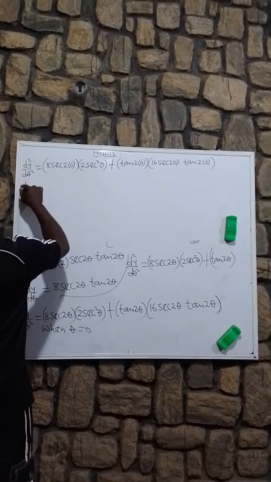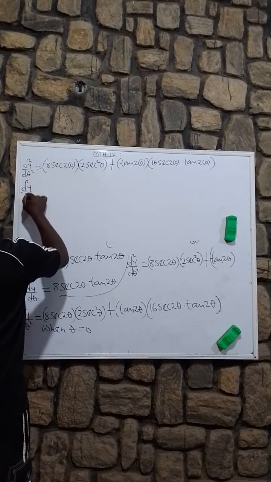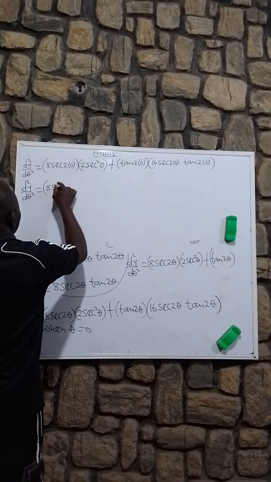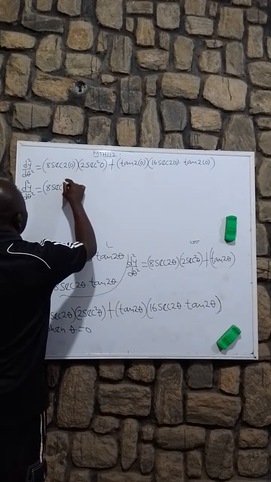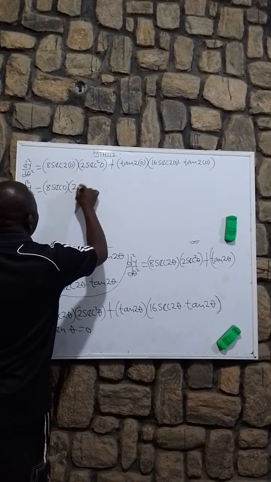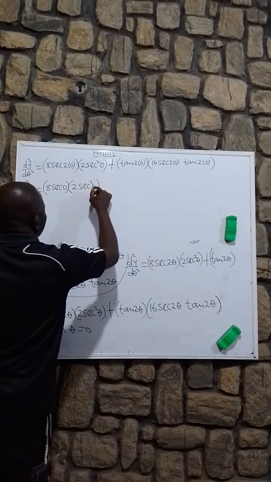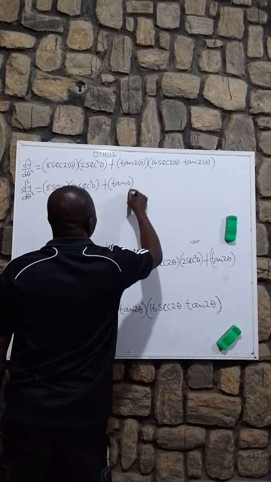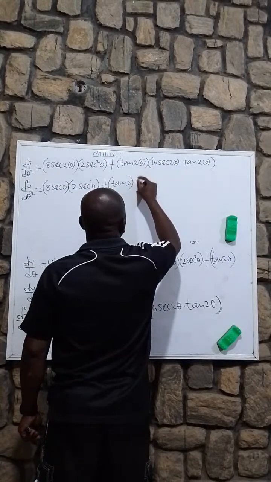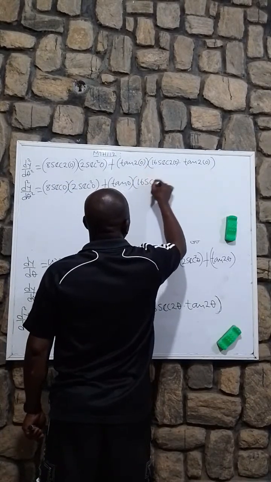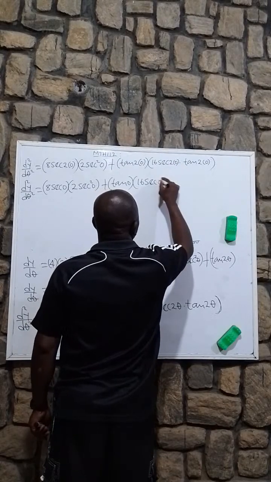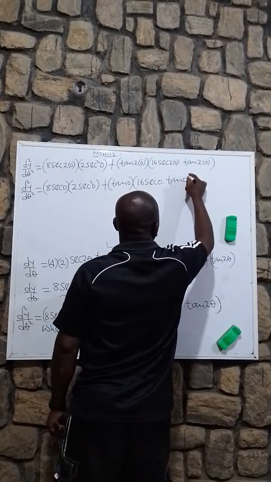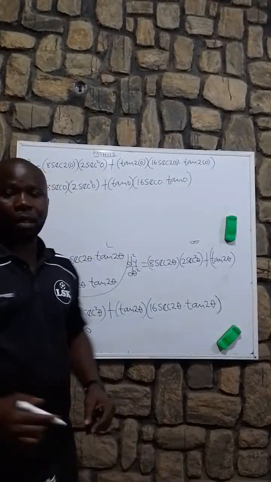So here will now be d square y all over d theta square equals to open bracket 8 sec 0 times 2 sec square 0 plus tan 0 plus 2 times 0 is 0. Next times 16 sec 2 times 0 is 0 times tan 2 times 0 is 0, right? Am I right?